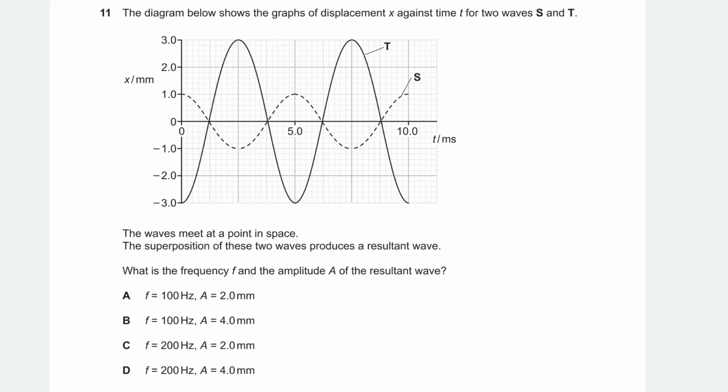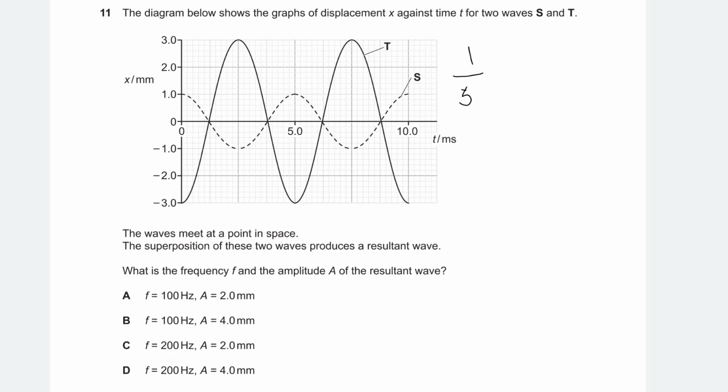Well, shall we just have a look at the time period of this wave? So this here will just be our peak to peak distance. So what is that? Peak to peak, which is going to be 5 milliseconds.